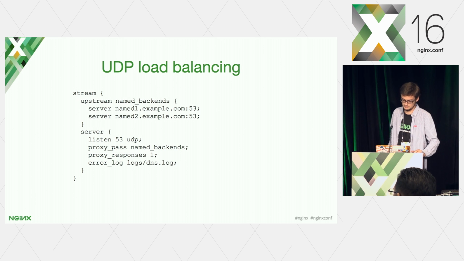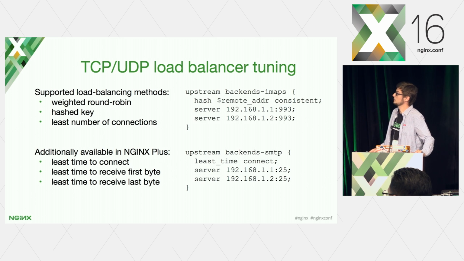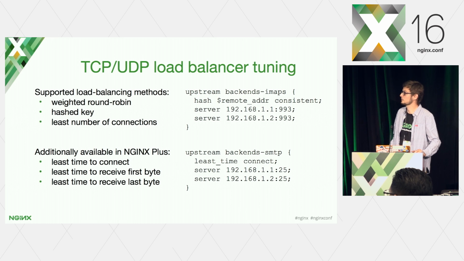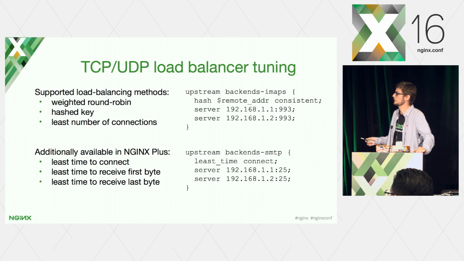All right, so of course, we can fine-tune the TCP and UDP load balancer, and in previous slides, I've only shown the default configuration, which will use the weighted round robin. But there are also multiple choices to choose from. This can be a hash on a remote address, for instance, to enable session affinity based on IP addresses. And you can use the least number of connections.